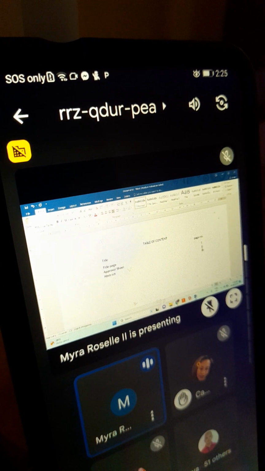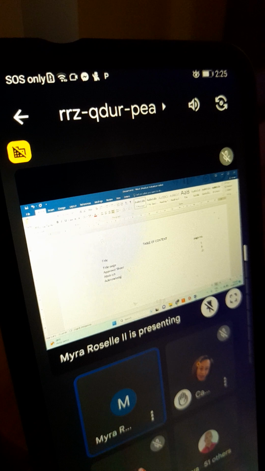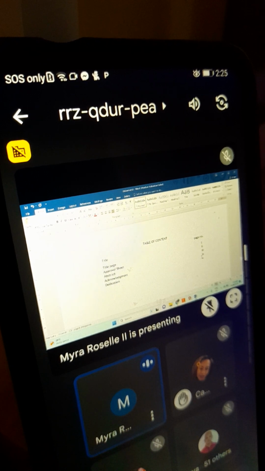Sunod, you have it's either acknowledgement or dedication. Tanawa lang balik ang ako gihatag nga PowerPoint. Okay, dedication. After sa dedication, unsa? Table of contents. Okay.